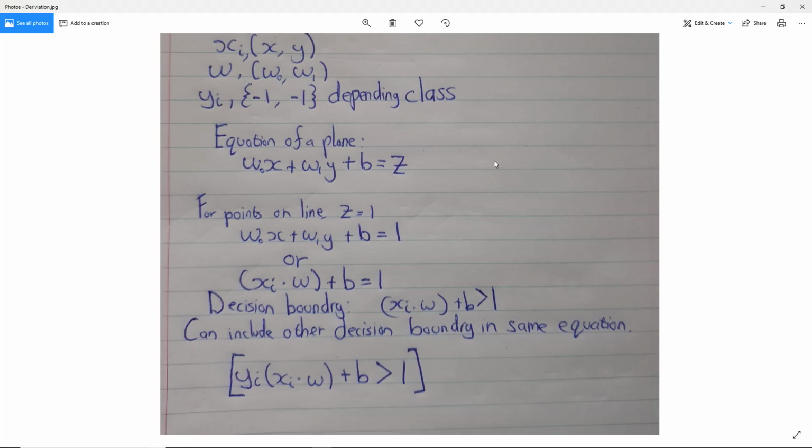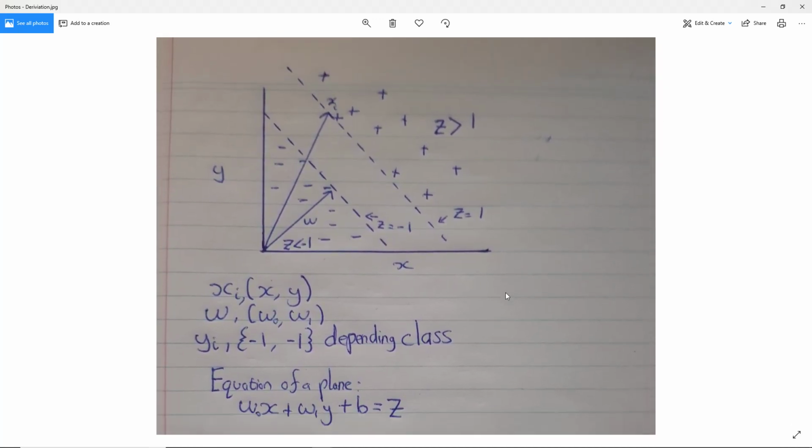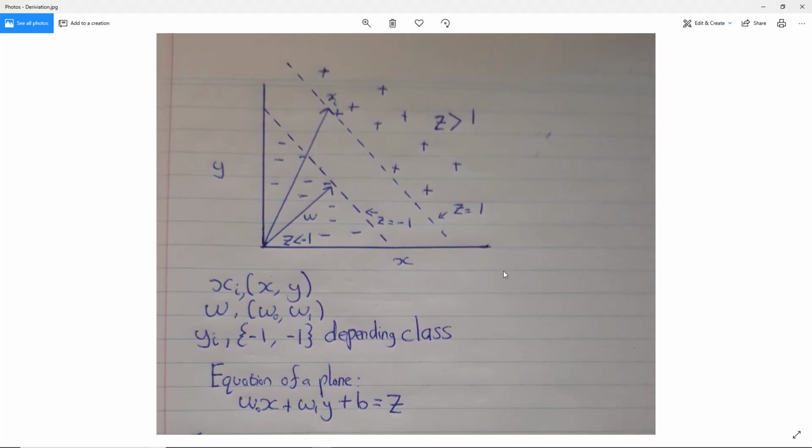But one thing that needs to be mentioned is we're not quite there yet, because there are going to be very, very many planes that will divide this data in the manner in which you want to divide it. That algorithm is just going to find those planes which will segregate this data correctly. But remember, we want the equation that segregates data with the street of maximum width.